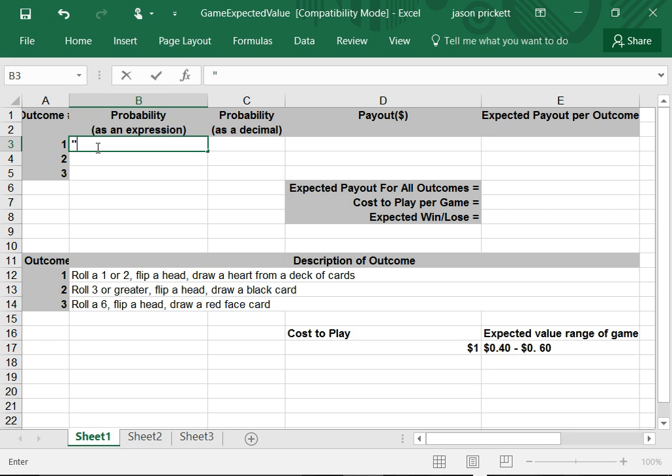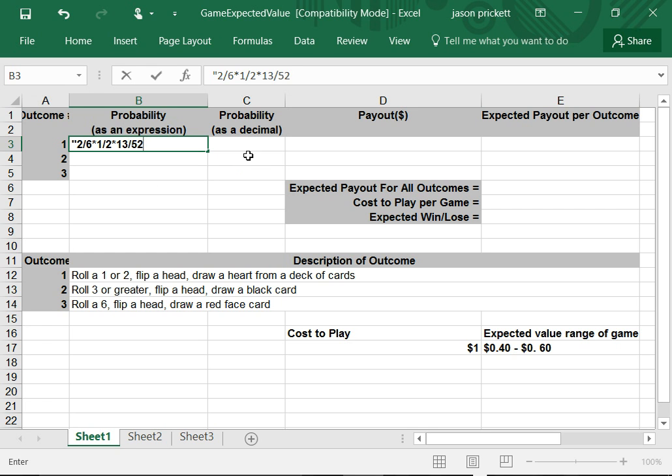But we're just simply going to write that as 2 divided by 6, or 2/6 probability of rolling a 1 or 2. And of course, multiplied by flipping a head, well, that's a 50-50 chance, so 1/2, times, and of course I just use the asterisk to represent the multiplication. And drawing a heart from a deck of cards, well, there's 13 hearts in a 52 card deck.